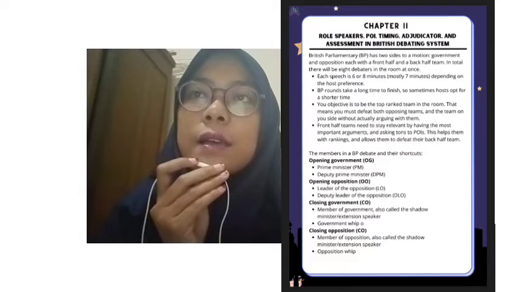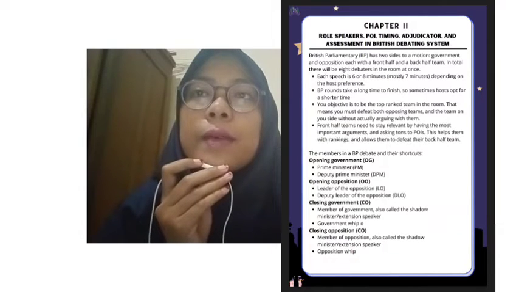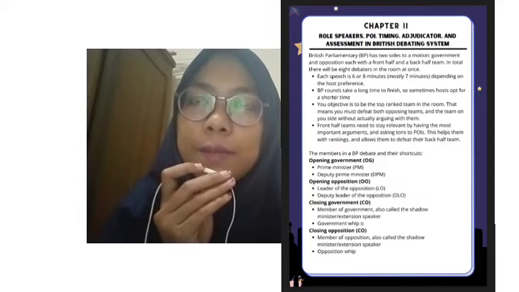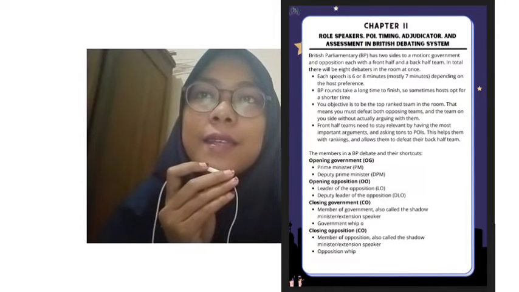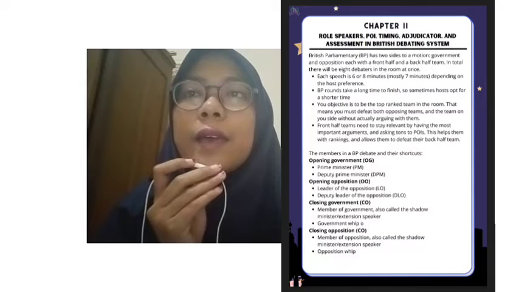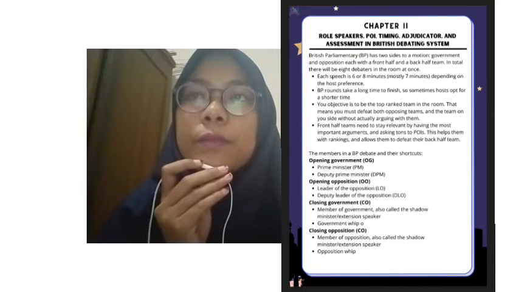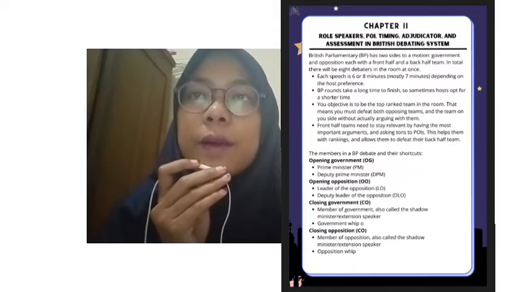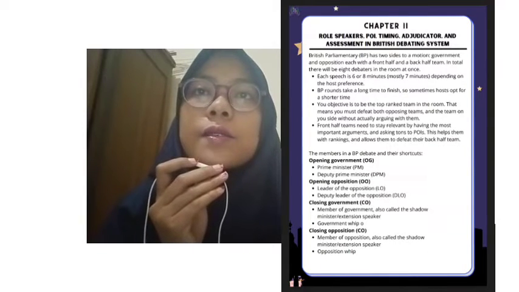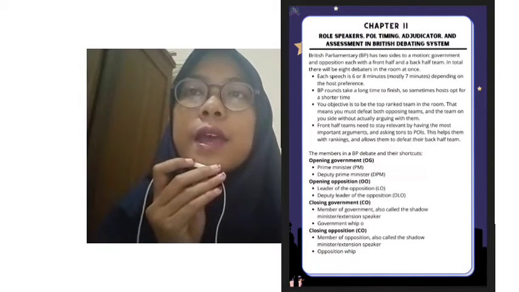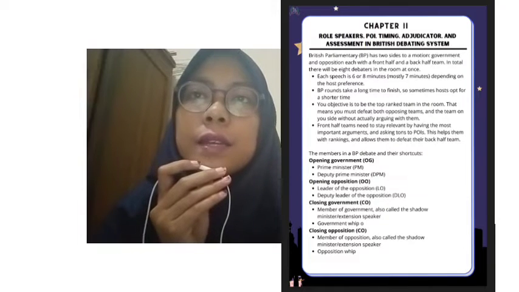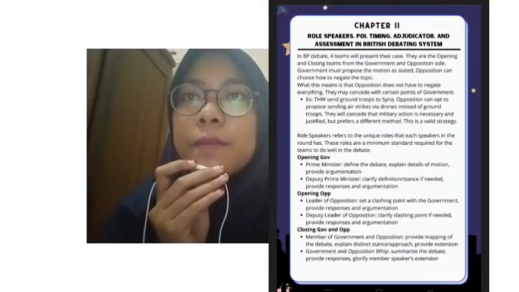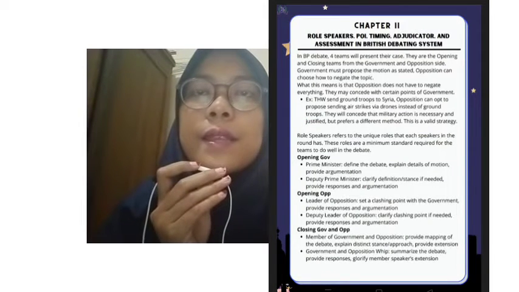Third is closing government, by Member of Government, also called the Shadow Minister and Extension Speaker, and Government Whip. And the last is closing opposition, by Member of Opposition, also called the Shadow Minister or Extension Speaker, and Opposition Whip. In BP debate, 4 teams will present their case.